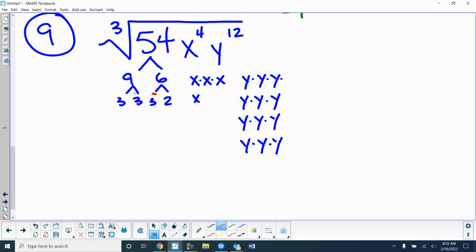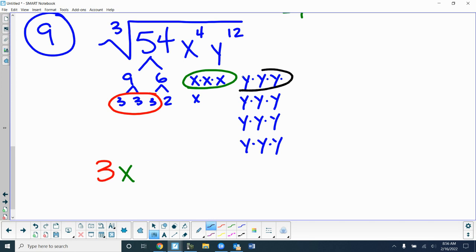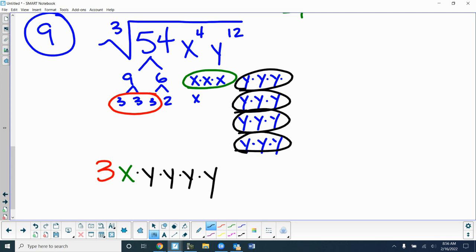So for this group of 3, I pull a 3 out, right? For this group of 3 x's, I pull an x out. For this group, and that one, and that one, and that one, I can pull those out.